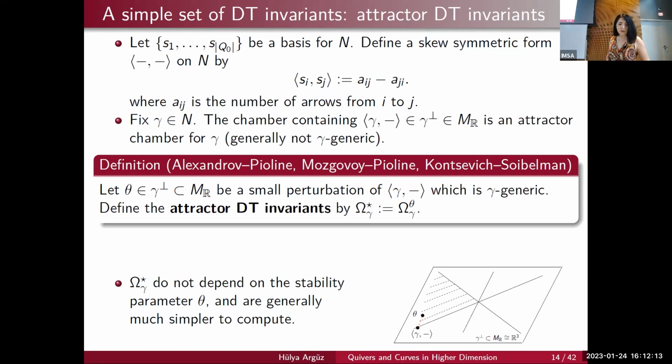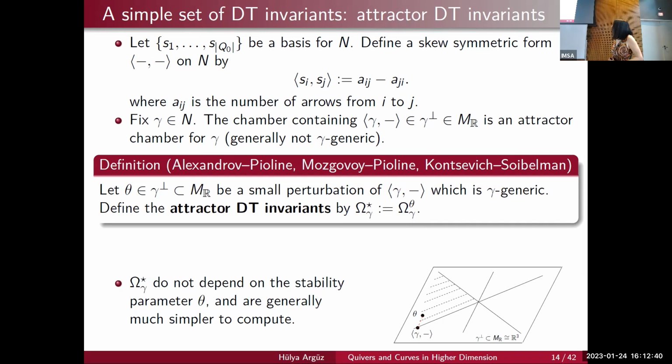And for a fixed dimension vector gamma in N, we call the chamber containing the point <gamma, ->, in M_R, the attractor chamber. And we are defining attractor DT invariants as DT invariants where you choose your stability parameter from this attractor chamber.